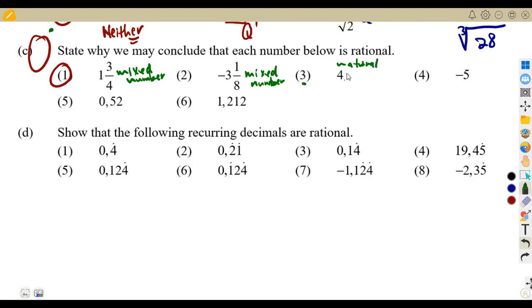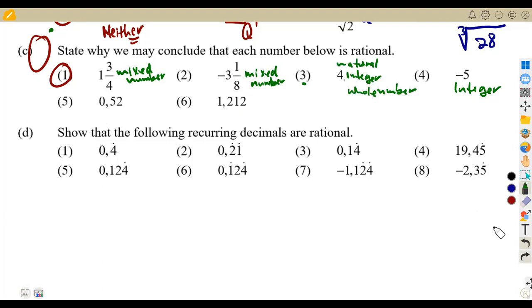So you can have this as an integer, positive or negative whole numbers. You can also consider this as a whole number. All right, so all these give us one and the same thing, which in this case is to say this is a rational number.